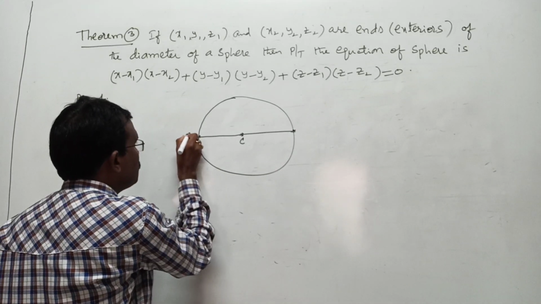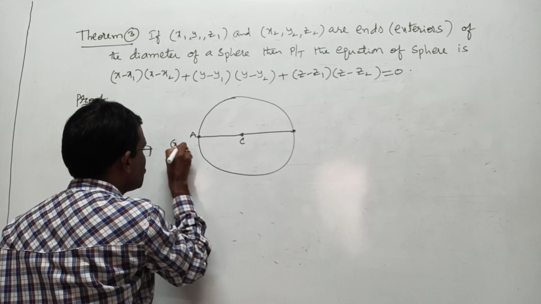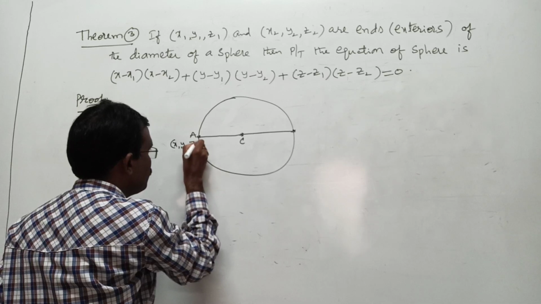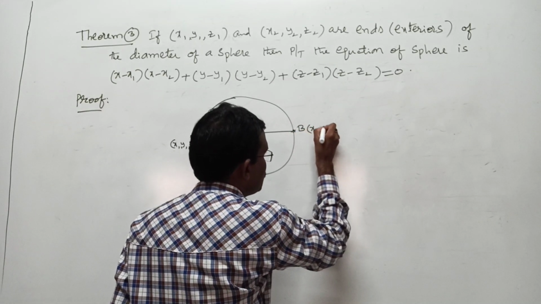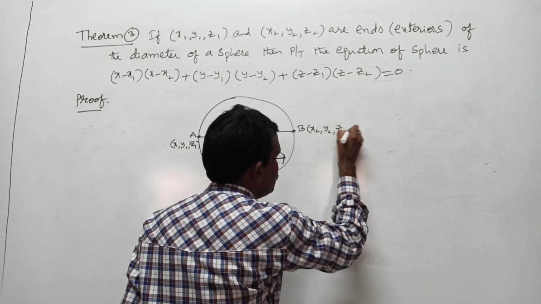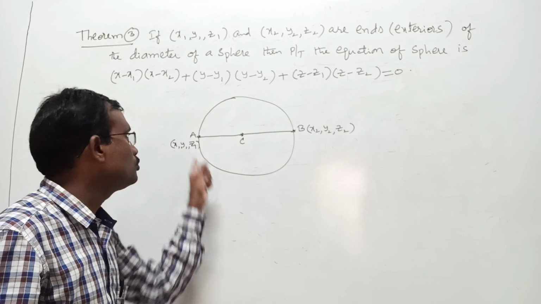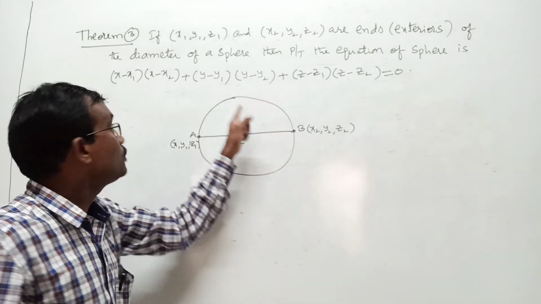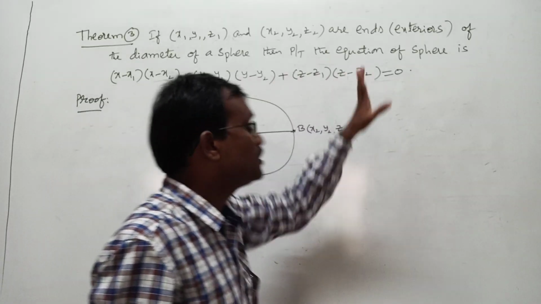Now this end I am denoting with capital A. Its coordinates are x1, y1, z1, and this end is capital B. Its coordinates are x2, y2, z2. Now we have to prove this sphere equation is this one; you must get this result.